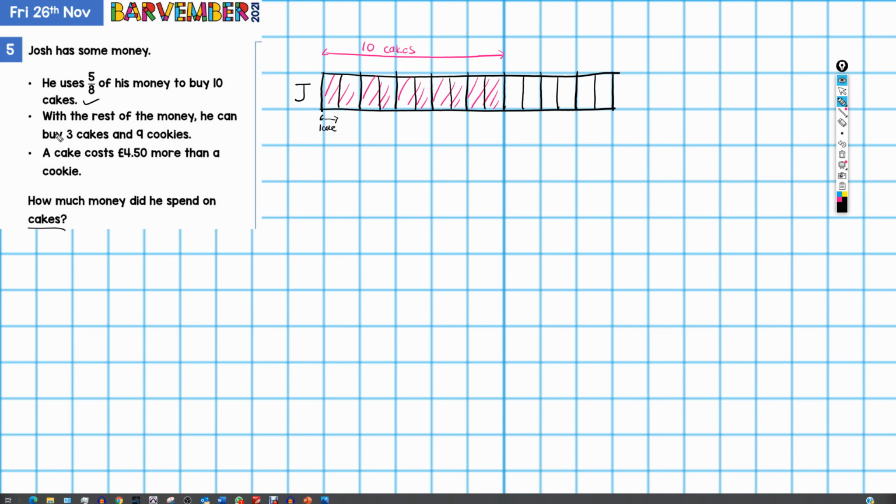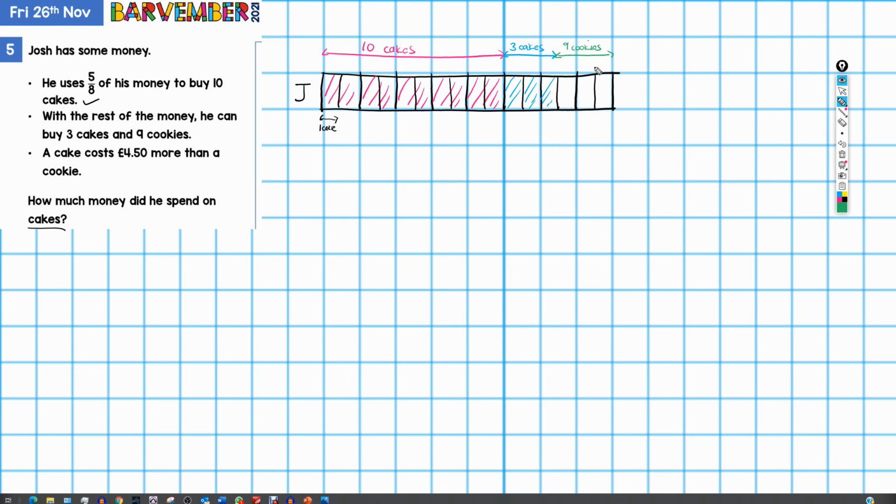With the rest of the money, he can buy 3 cakes and 9 cookies. We know that one of these new parts is a cake, so that's 1, 2, 3. So up to here is 3 cakes, and the rest is the money needed for 9 cookies.